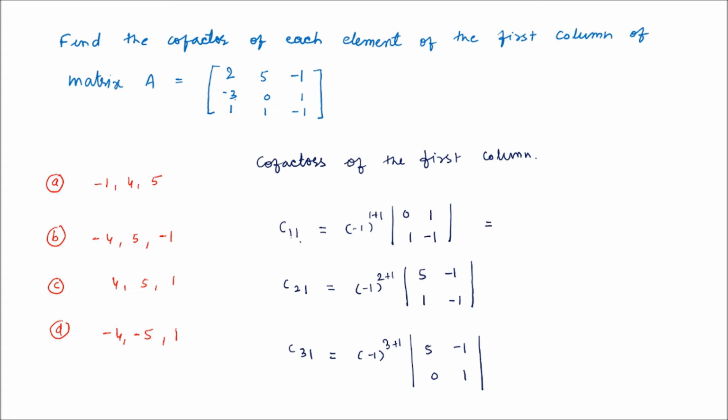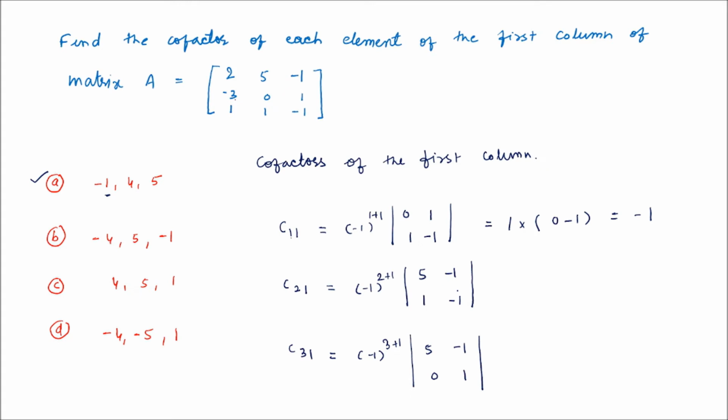So minus 1 raised to 2 means it will be plus 1 into 0 into minus 1, 0 minus 1. So if we observe these options, there is only one option where the first cofactor is this, so our answer will be the first option.